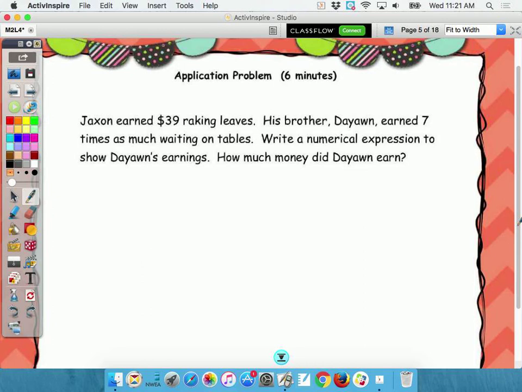Okay? So Jackson earned $39 raking leaves. His brother, Dayon, earned 7 times as much waiting on tables. Write a numerical expression to show Dayon's earnings. How much money did Dayon earn?